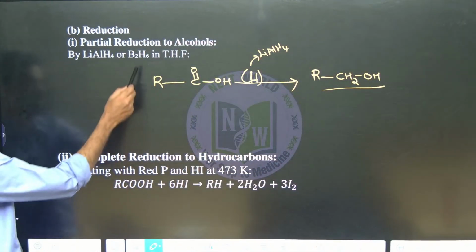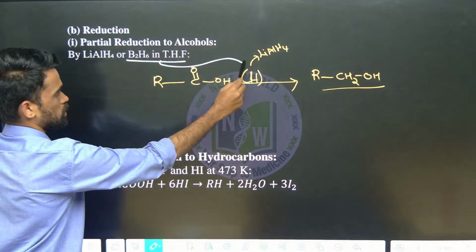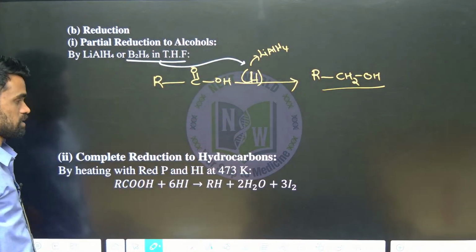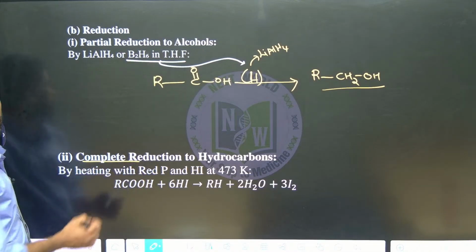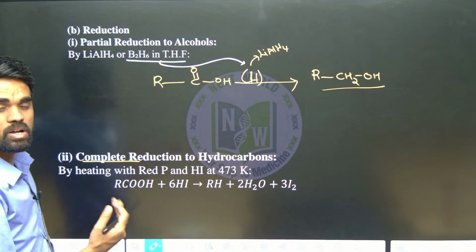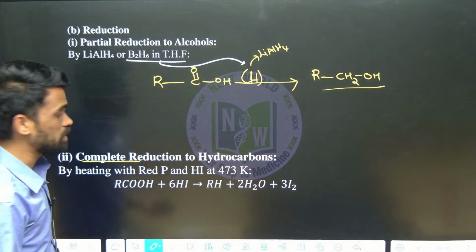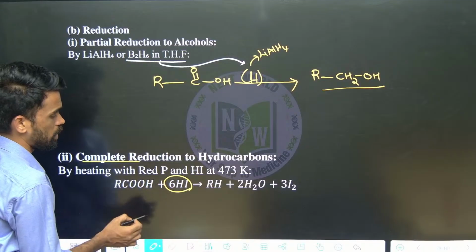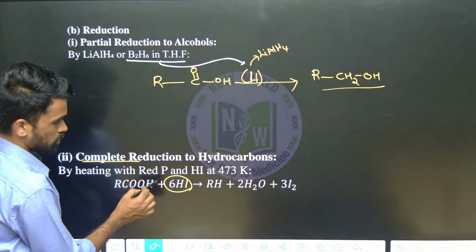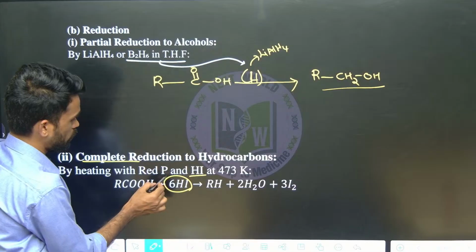Or we can also use B2H6 in THF, tetrahydrofuran, which is a cyclic ether. Next, complete reduction. Yes, we can do complete reduction of carboxylic acid to alkanes by treating it with red phosphorus and hydrogen iodide.